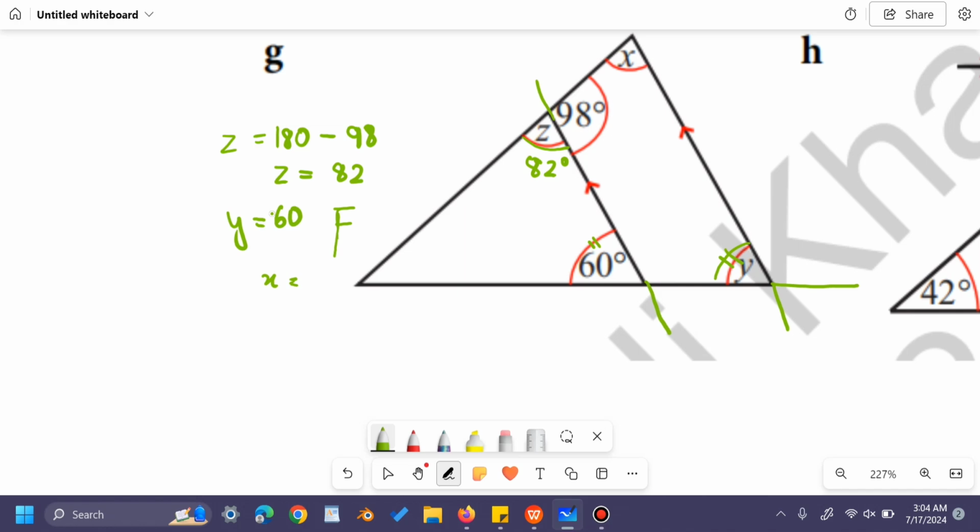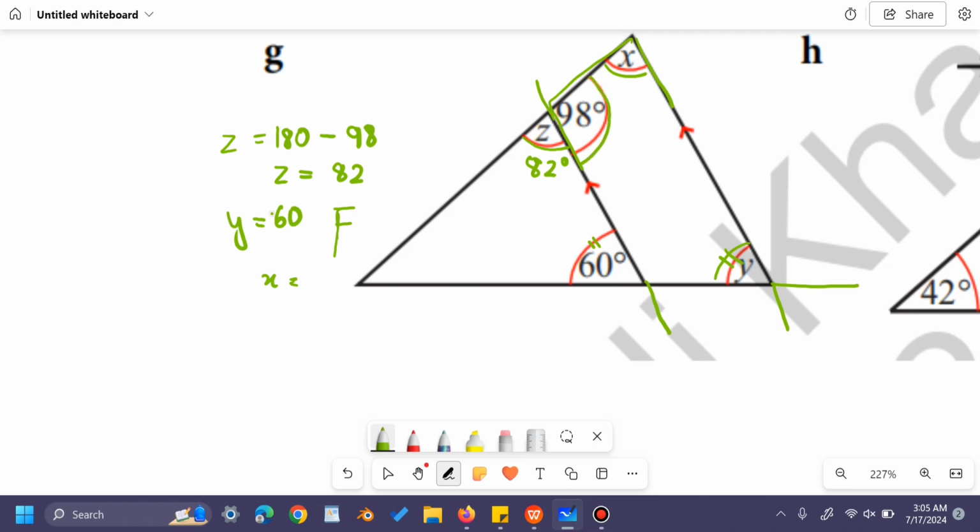Why? Because we can see that here they are making a co-interior angle between the parallel lines. Let me just erase it. This is the C shape that they are making over here, that X plus 98 should be 180 degrees.